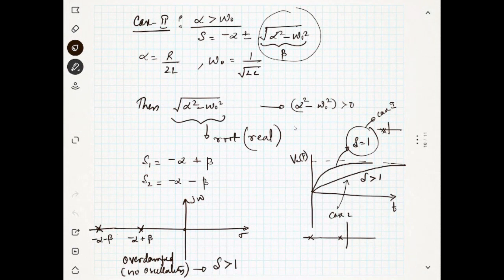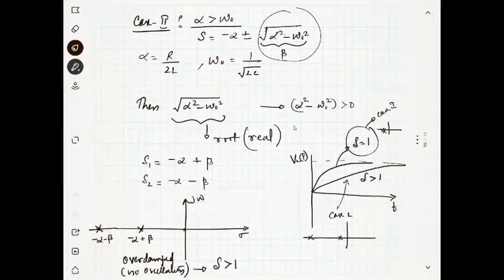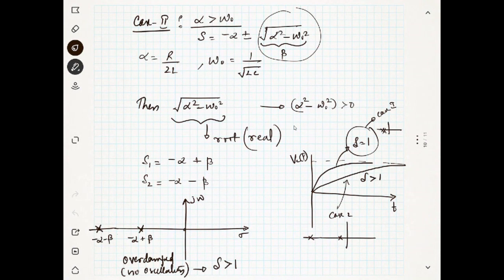Going back once, I think there is no error here. We took it like S square plus 2 zeta omega naught S plus omega naught square. That is the form you have studied in control systems, S square plus 2 zeta omega n S plus omega n square.